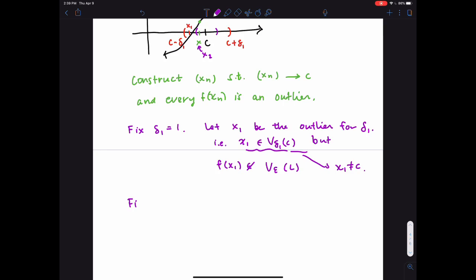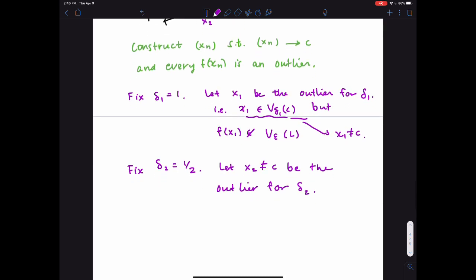Then once I get the first value like that, I shrink my delta value and I say, well, I know that no delta neighborhood works, so if I shrink to a half, I could let x2 not equal to c be the outlier for delta 2.